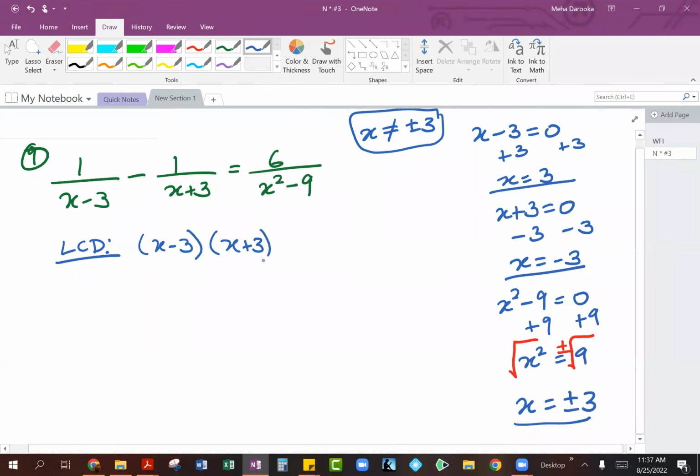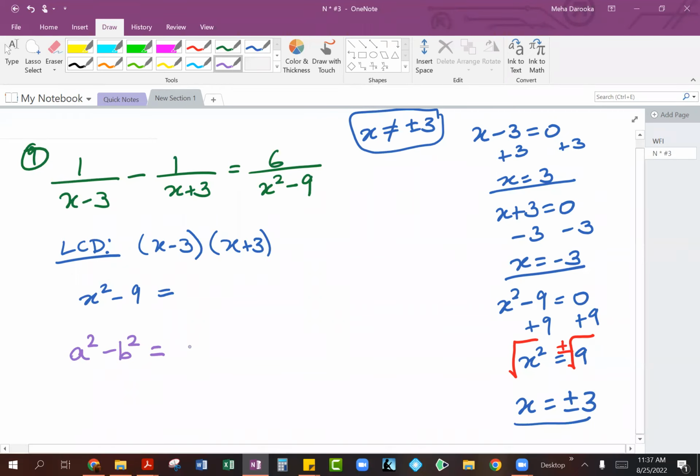Now let's see what happens with that x squared minus 9. And this is where factoring is going to come into play. So if we take x squared minus 9, you need to factor that out. Now, I don't know if you guys remember this rule. We call it the difference of squares. So when you have an expression in the form of a squared minus b squared, which we do have x squared.